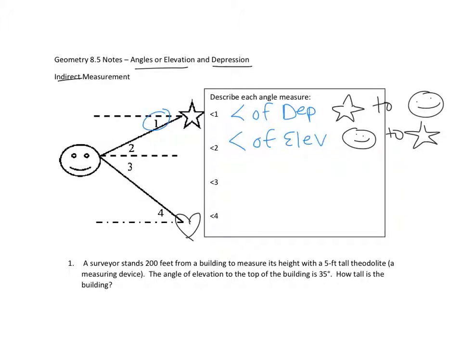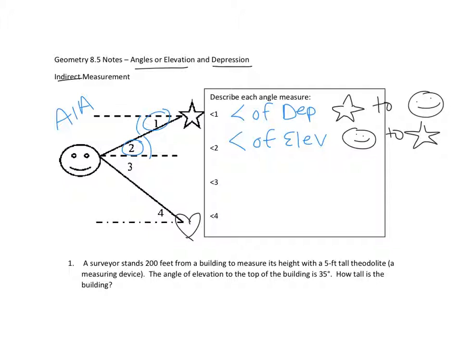Angles of elevation and angles of depression are always touching or adjacent to the horizontal line. These angle 1 and angle 2 are congruent. These are called alternate interior angles. So those two angles are congruent. So if you know the angle of elevation, then you can figure out the angle of depression in that scenario.